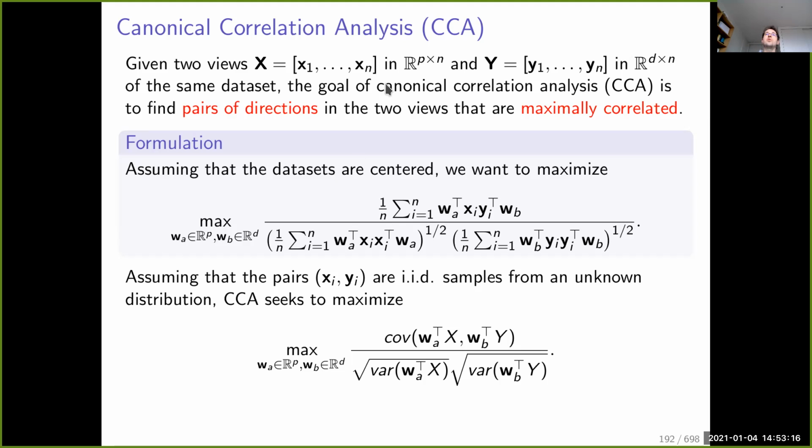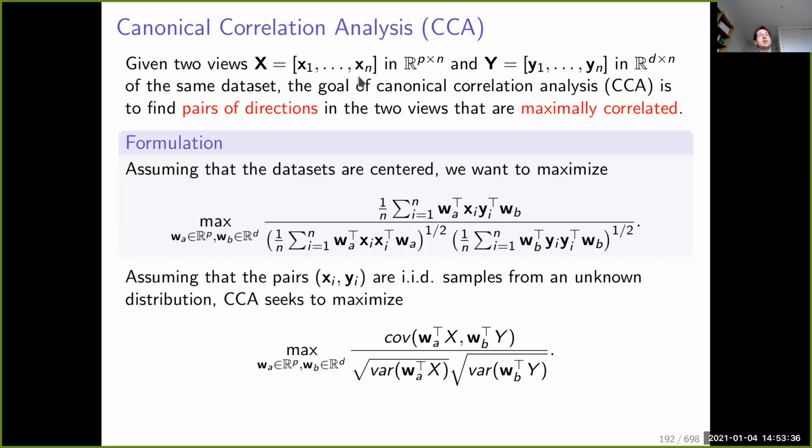And what it means to find views that are maximally correlated, well, our two directions in the regular CCA are parameterized by directions WA in the first view and WB in the second view. Note, by the way, that these views have different dimensions.